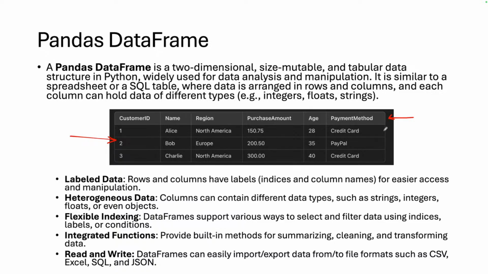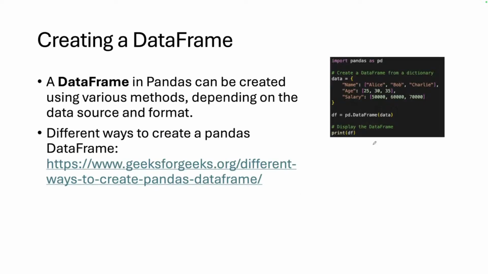And it's heterogeneous data. So notice that they're not all the same data types. These are clearly numerical, where other ones are string values. We have flexible indexing, and there's built-in integrated functions, and we can read and write with this.